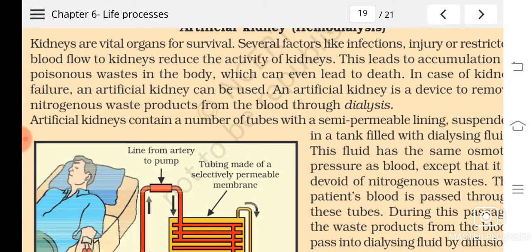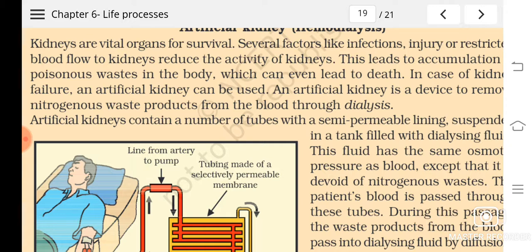So in those conditions we can depend on the artificial kidney. What is an artificial kidney? It's a device to remove nitrogenous waste material from the body through dialysis.